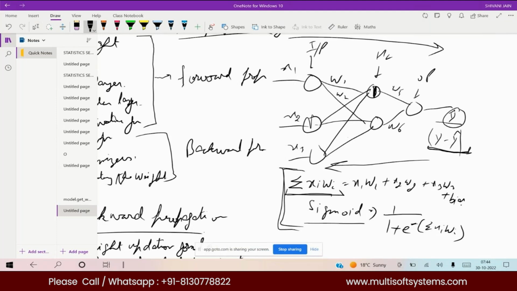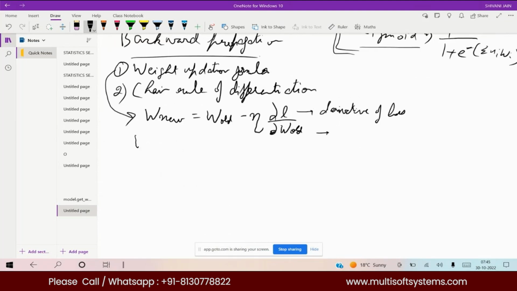We are only discussing how it works at the back end. Let's suppose you want to update W6. So W6 new equals W6 old minus eta of the derivative of loss divided by the derivative of W6. This is your learning rate.